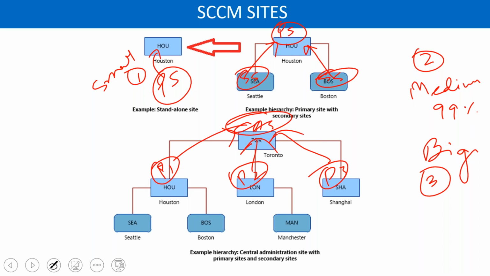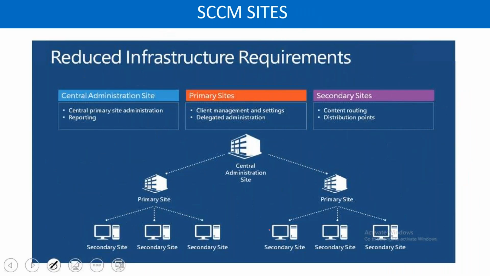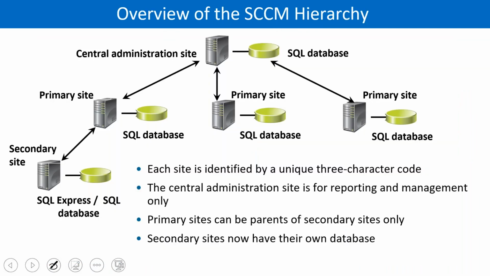This is a very rare deployment, but when you have a big size organization, then you go with this: CAS, central administration site on the top, then primary, and then you will have secondary in branch offices. Clear, Mani? Yes, bro. Clear.